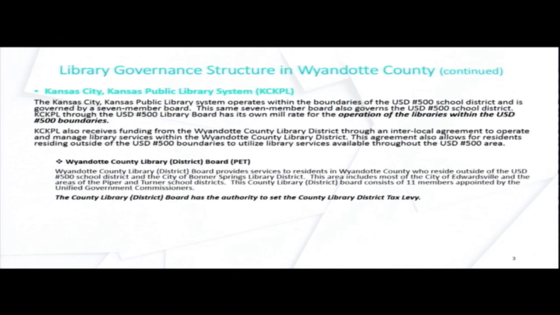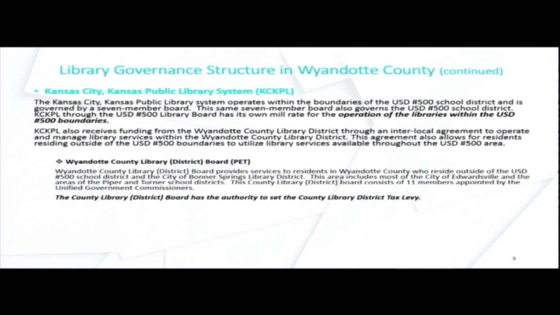About the Wyandotte County Library District, we also refer to it as the PET, and I'll show you in a minute why. The library district provides services to residents outside of the USD 500 school district and outside the city of Bonner Springs Library District. That area encompasses most of the city of Edwardsville, as well as the areas included within the Piper and Turner school districts.